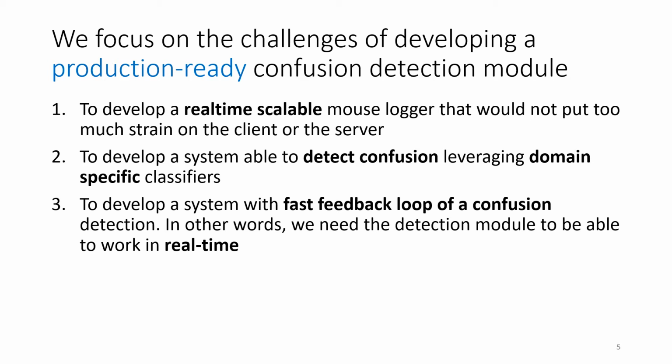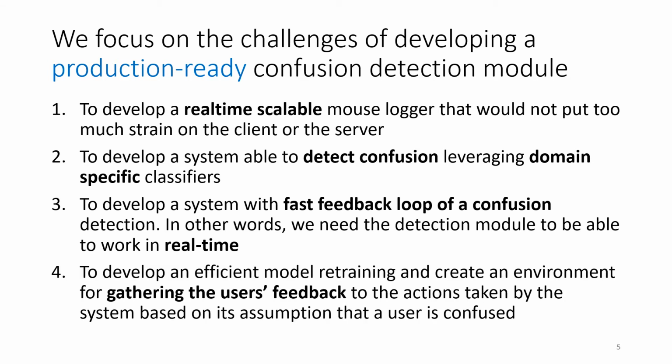And since we want the detection to be in real time, the system has to have a fast feedback loop for confusion detection. And also, since we want to maintain several models, one for each custom application, we need to have a way of retraining the model in production by gathering the implicit user feedback.